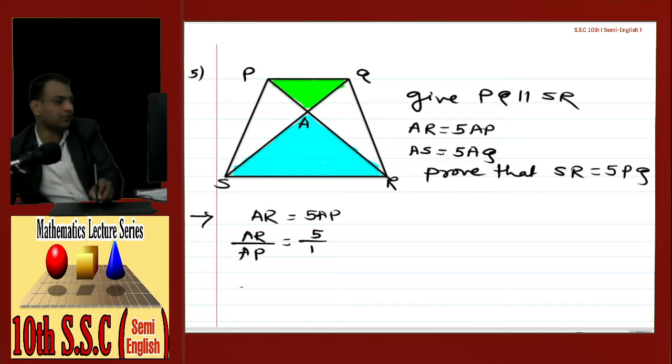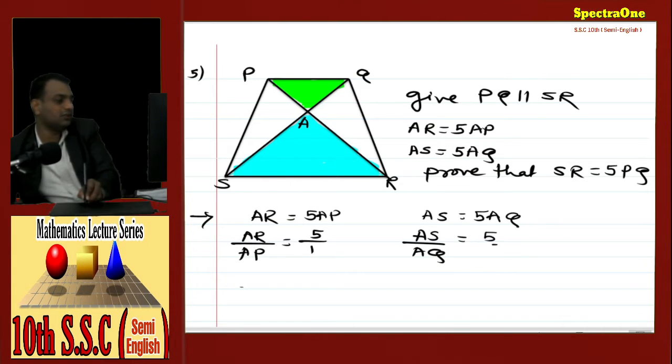Similarly, AS equal to 5 times AQ, therefore AS upon AQ is also 5 by 1.